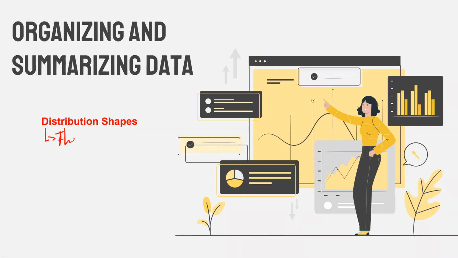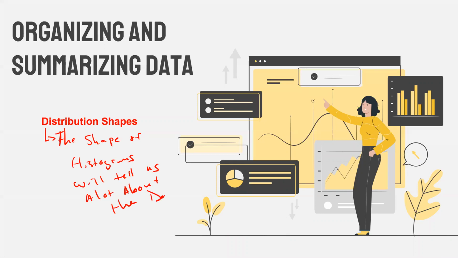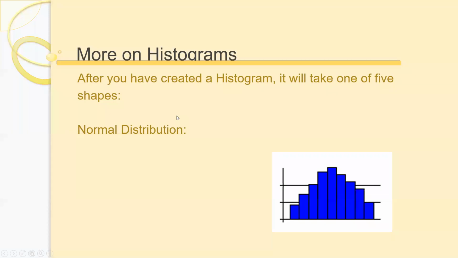The shape of histograms will tell us a lot about the data, because histograms that have certain shapes have very specific properties. The first one we'll talk about is the normal distribution, this type of shaped histogram. And this is going to be the most important for our class.